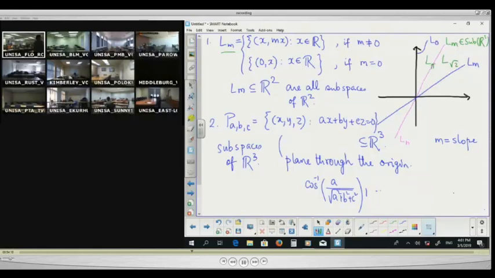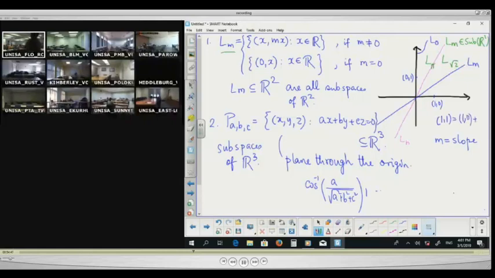So for instance, (1, 0) is in this line, x-axis, and (0, 1) is in y-axis, but (1, 1) is in neither.